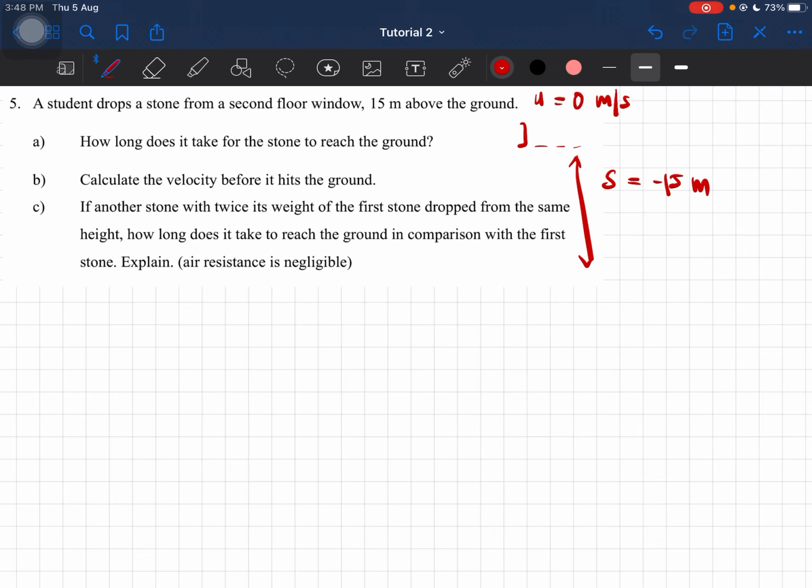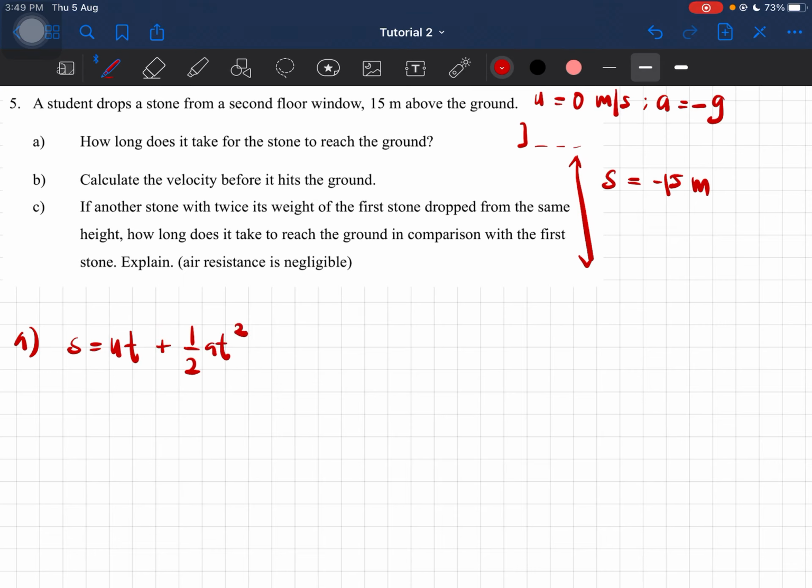Okay, and then based on this, we know that this is a free fall situation in which the acceleration is equal to the negative gravitational acceleration. So how long does it take for the stone to reach the ground? We can find this by using s = ut + half at squared.